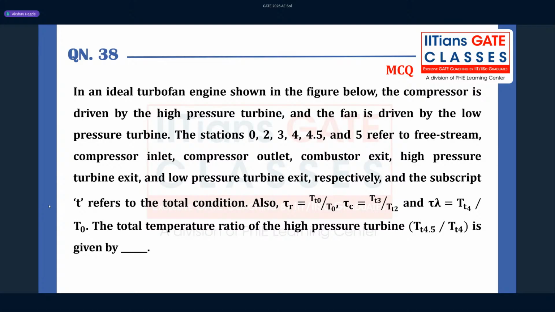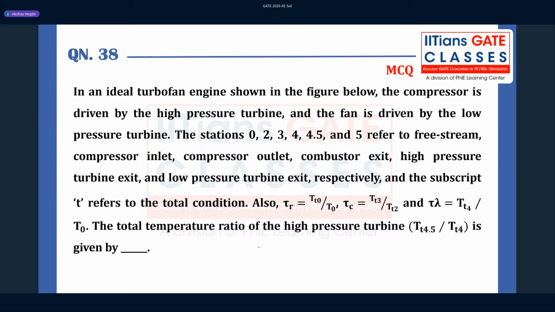Okay. So the total temperature ratio of the high pressure turbine, that is T_T4.5 to T_T4, they are asking is given by.